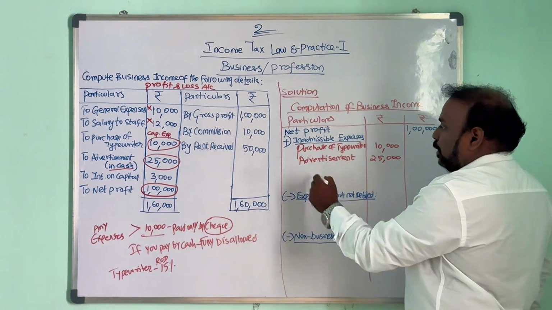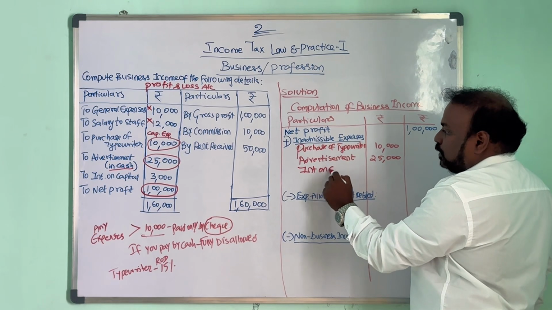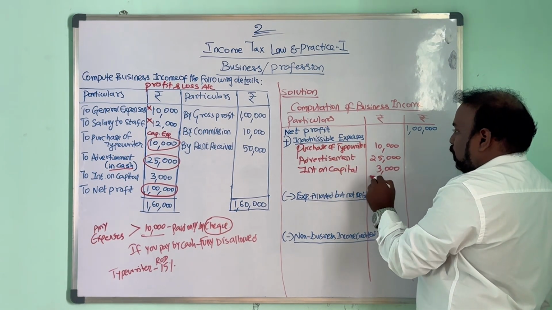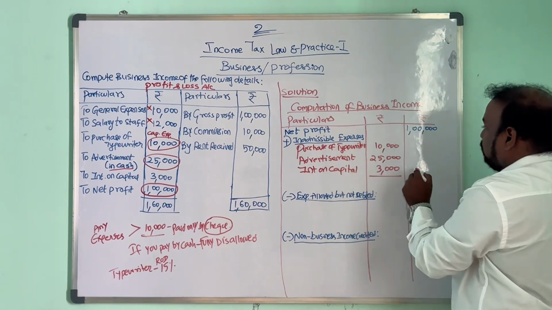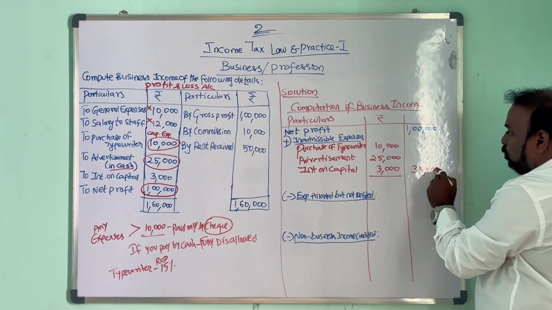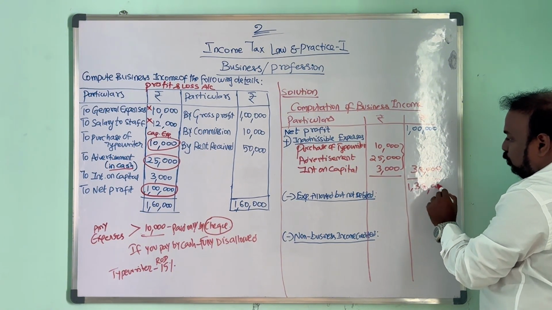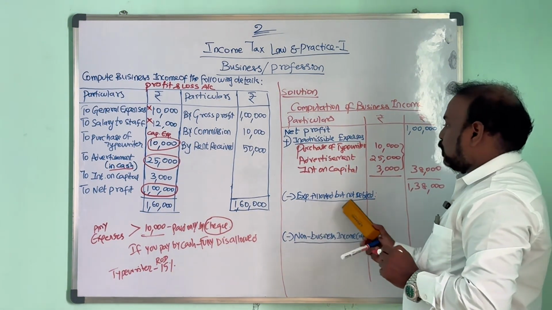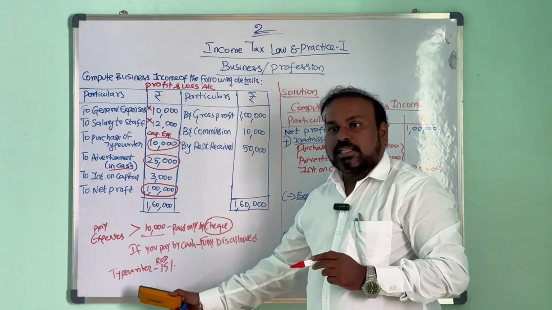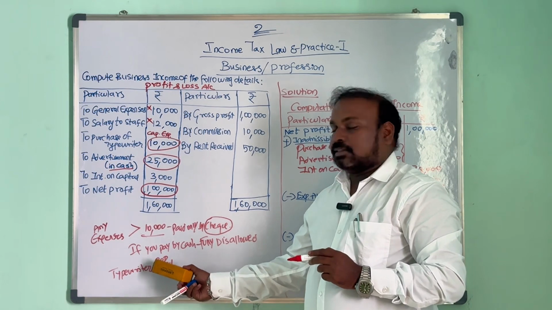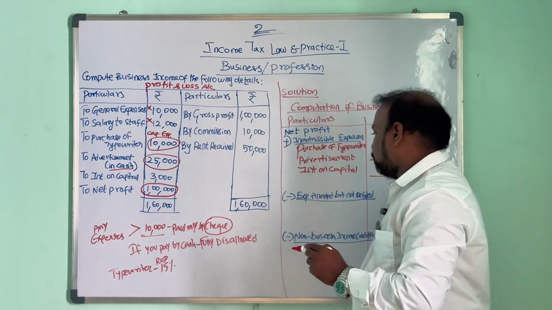Then interest on capital is a personal expenditure, that is 3,000. Now 1,00,000 plus 10,000, 25,000 and 3,000 become 1,38,000. Then expenses allowed but not debited. For a tangible asset, you are eligible to claim 15% as rate of depreciation.